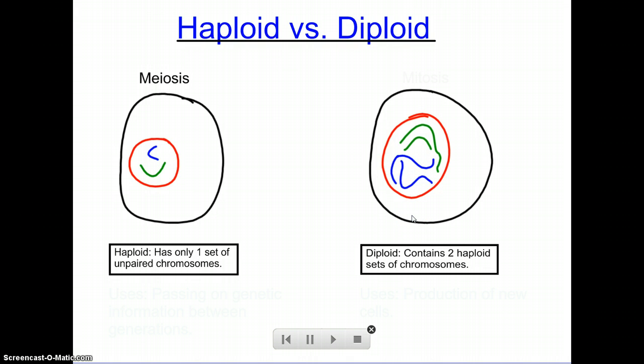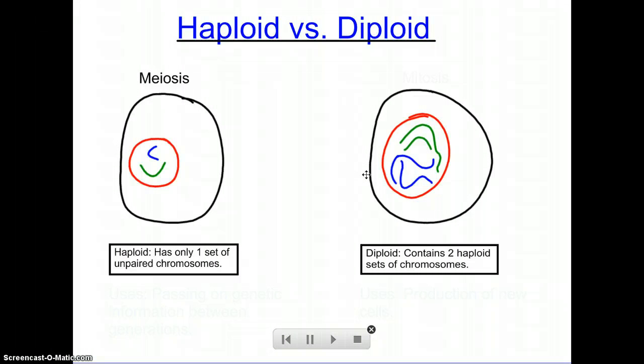Diploid contains two haploid sets of chromosomes. Haploid contains one. Diploid contains two. Now, in what cell division are you going to get cells that are diploid? Mitosis. This cell has a complete set of DNA. This cell only has half a set. That's going to become important when we start talking about reproduction and so on.